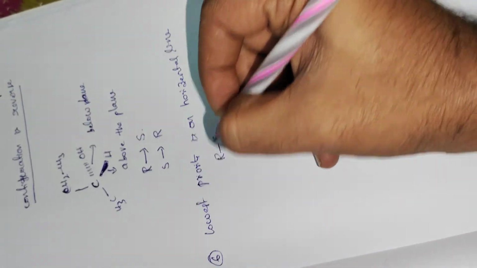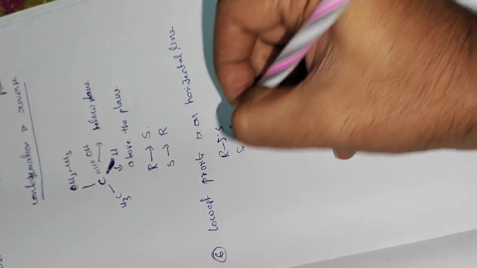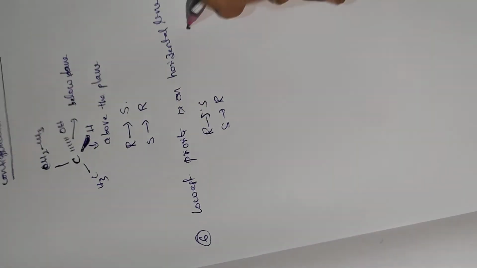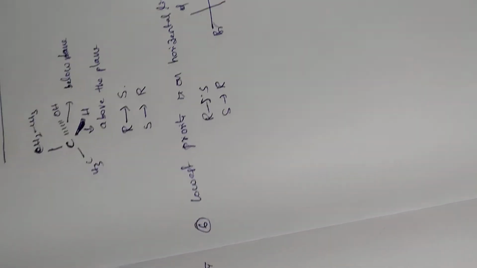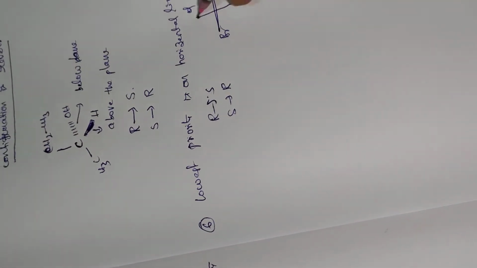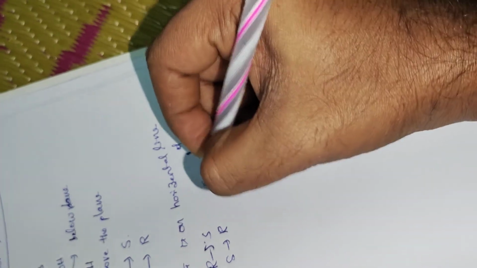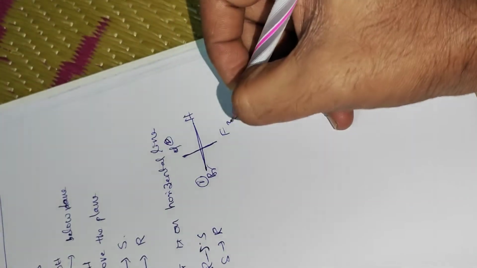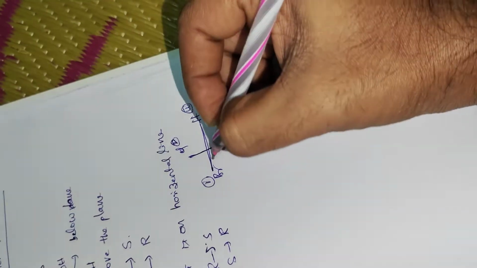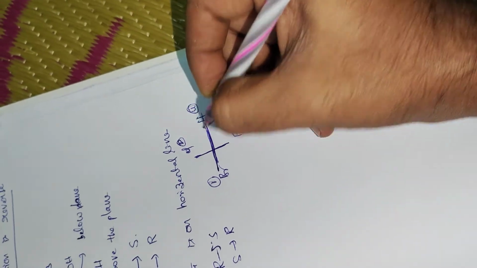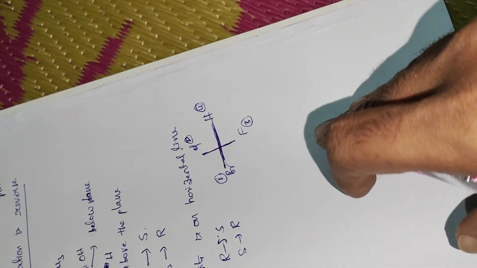R will be converted into S. S will be converted into R. For example, like this there will be fluorine, chlorine, bromine, hydrogen. When you give priority, more atomic number means more priority. Here bromine is the highest, so give 1, 2, 3, 4. Here the least priority group is in a horizontal line, so the configuration is reverse.